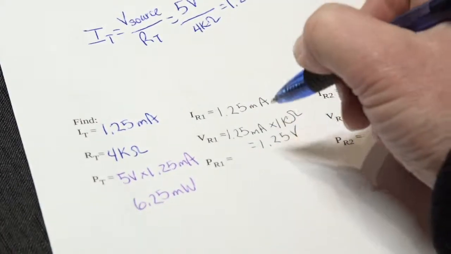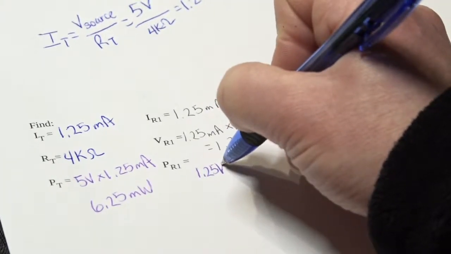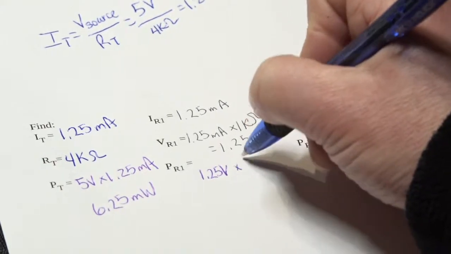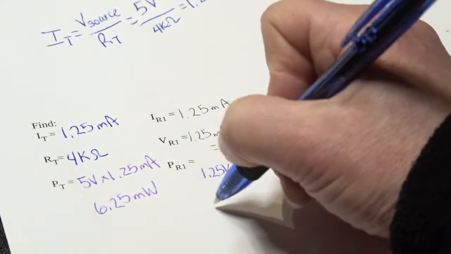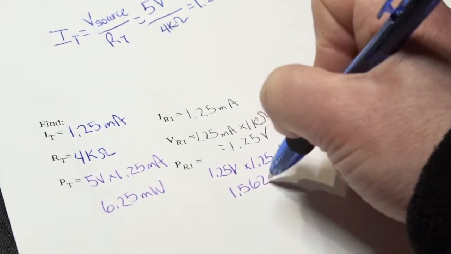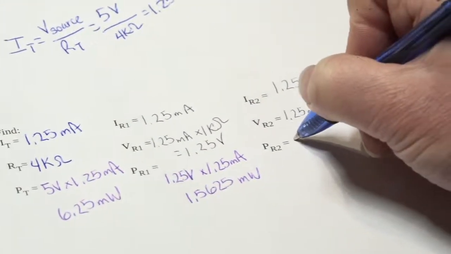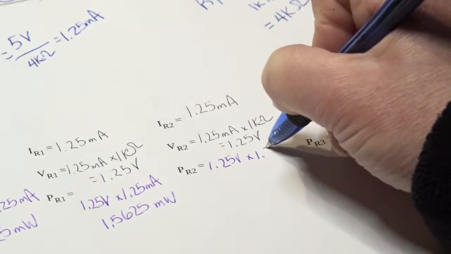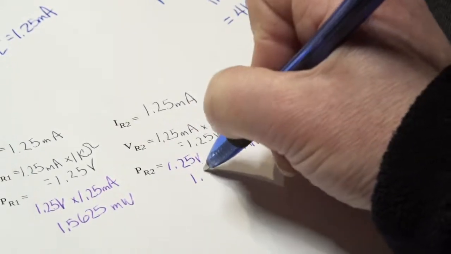And for this one, we've got 1.25 volts times 1.25 milliamps, which gives us 1.5625 milliwatts.